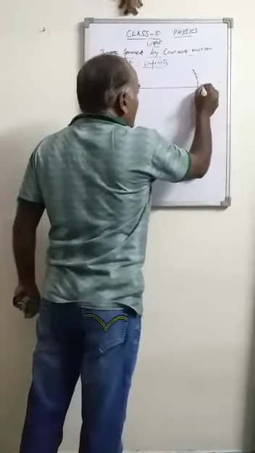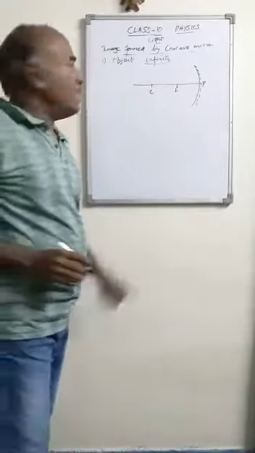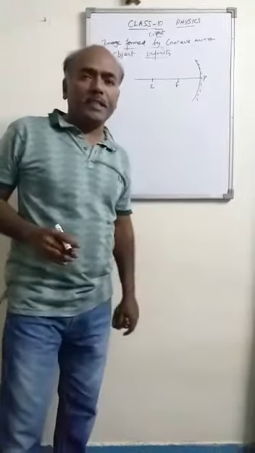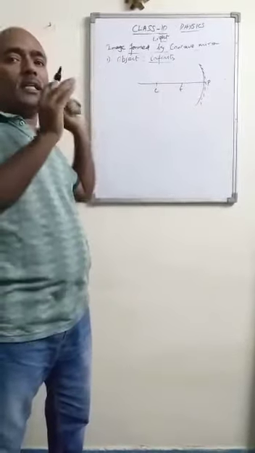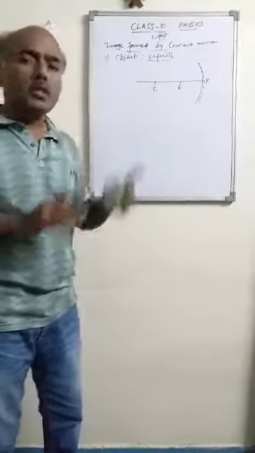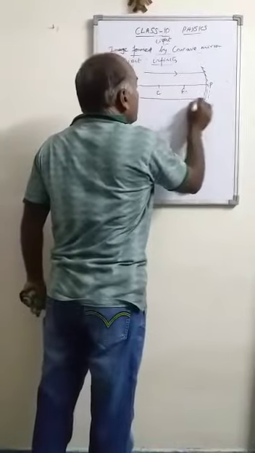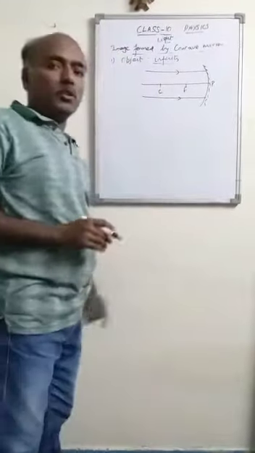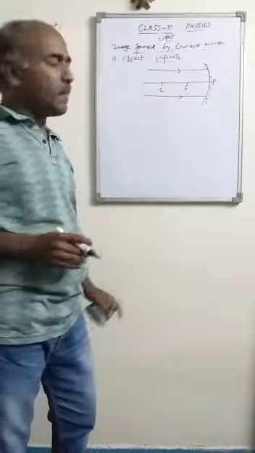This is the principal axis, focus, center of curvature. If the object is placed at infinity, at a very long distance, from the distant object all the light rays travel towards the mirror, and those light rays must be shown parallel to each other. So many light rays may be taken, but I take only 2 light rays.